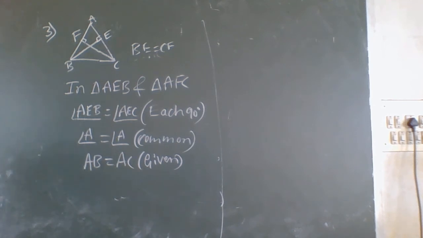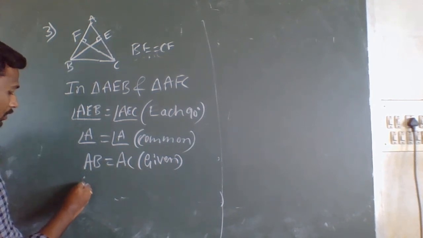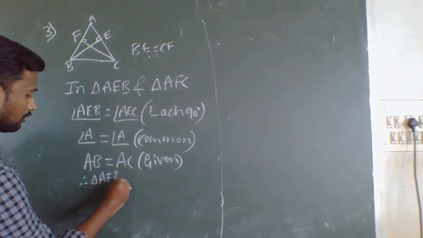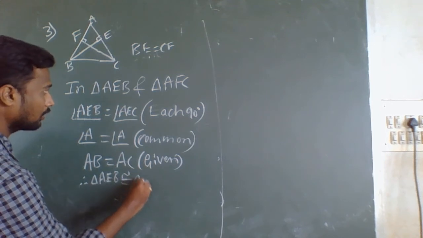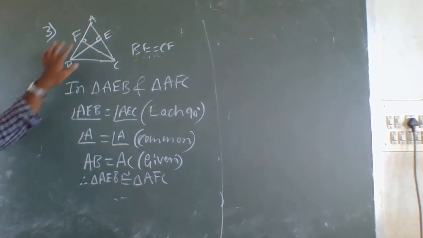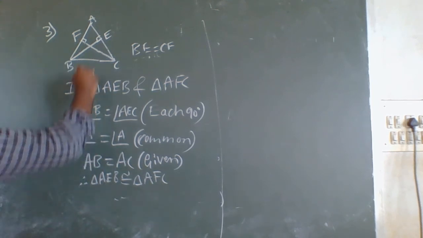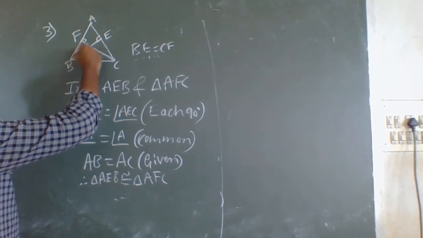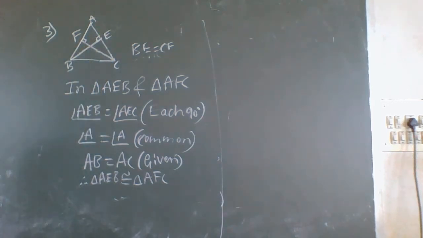Okay. So now you can write that therefore triangle AEB is congruent to triangle AFC. If these two triangles are congruent to each other, then the remaining sides CF and BE are corresponding parts of these two triangles.